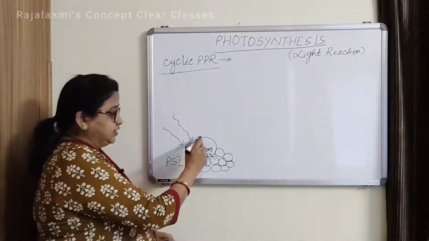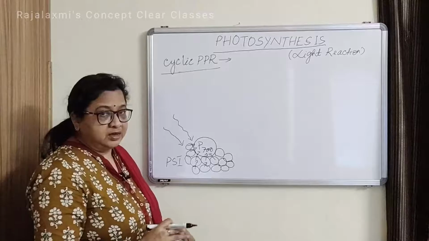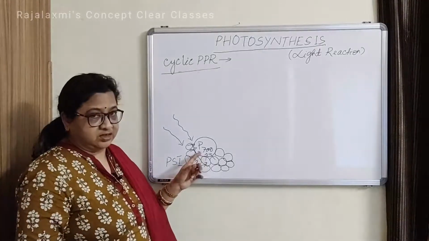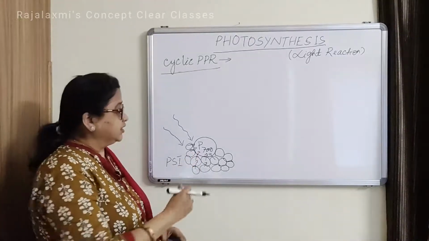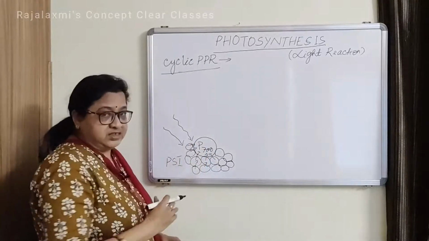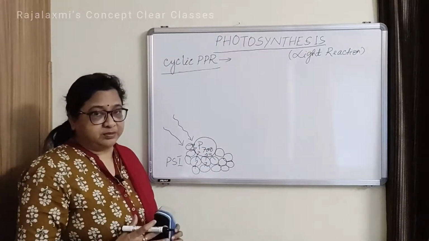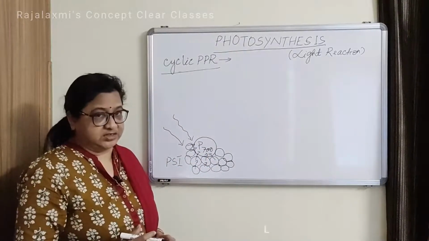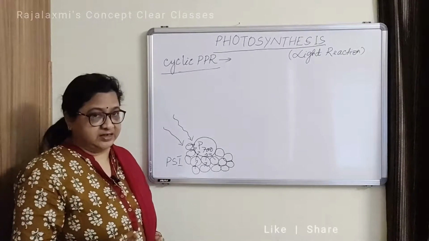so that this chlorophyll A molecule, which is called the reaction center or P700, becomes energized, or absorbs a huge amount of energy and becomes excited.